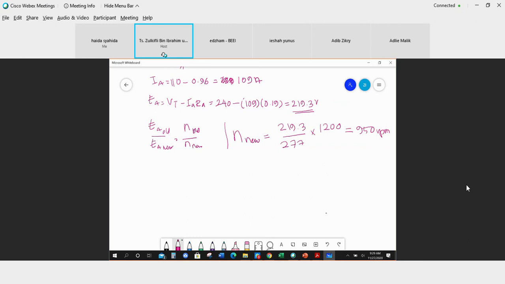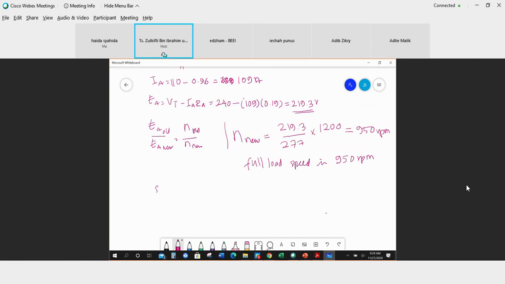So this is your full load speed, equal to 950 RPM. Right. So what is the speed regulation?